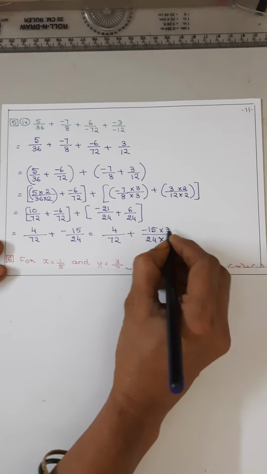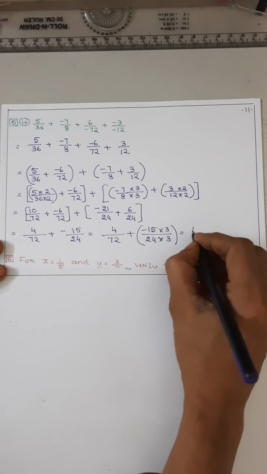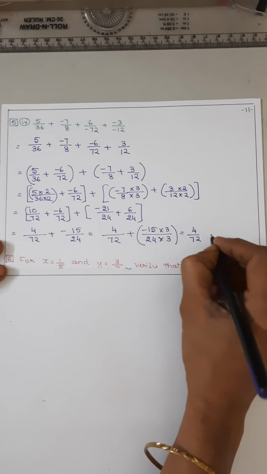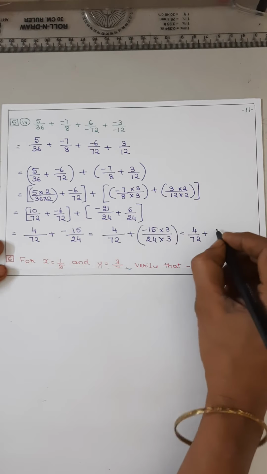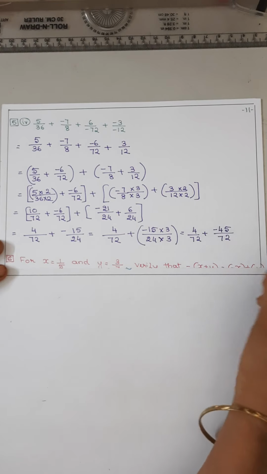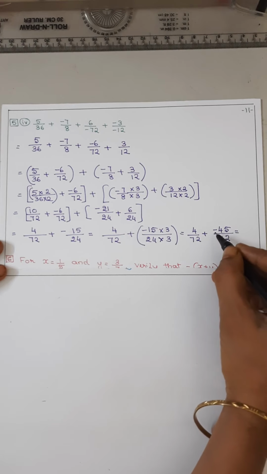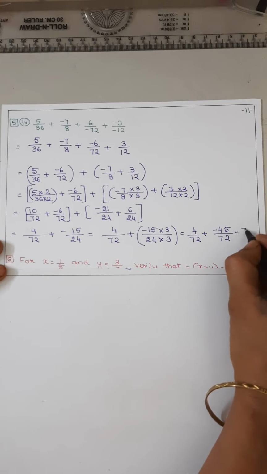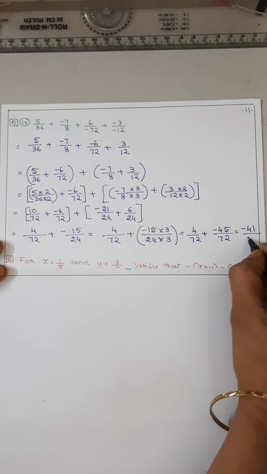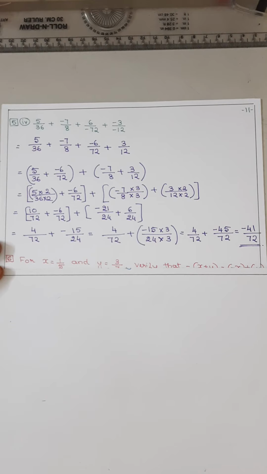So multiply by 3. So it will be 4/72 plus minus 45 upon 72. So it became how much? Minus 41 upon 72. This is the final answer. Is it clear?